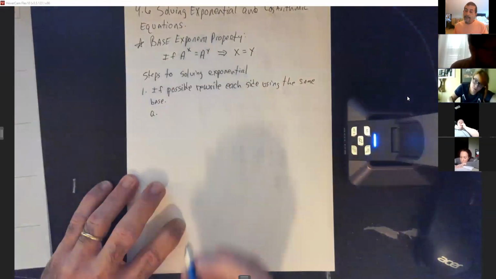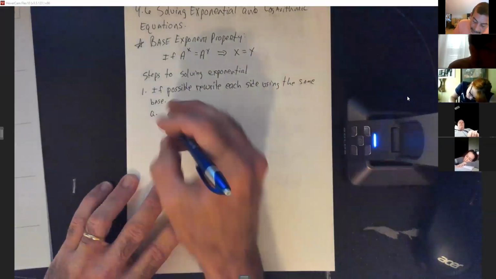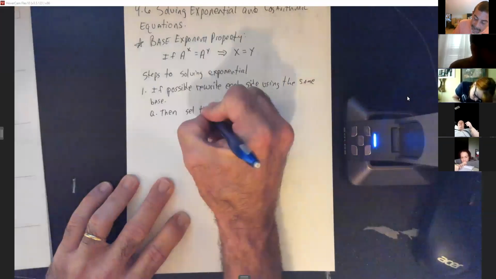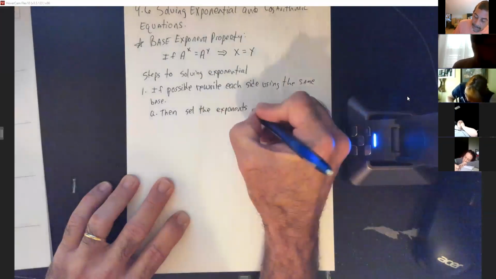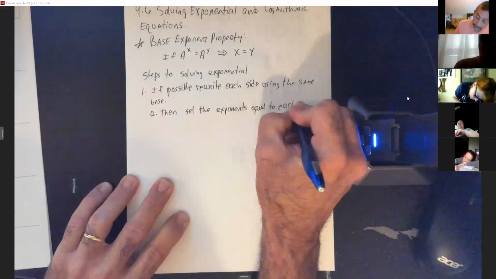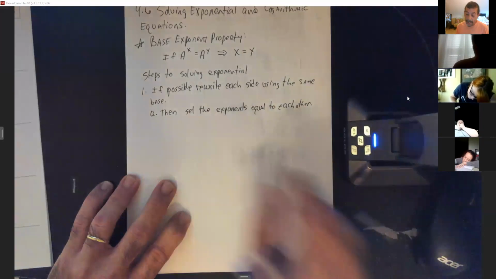If I'm able to rewrite each side using the same base, then set the exponents equal to each other. Once I have x equal to whatever, I'm done.